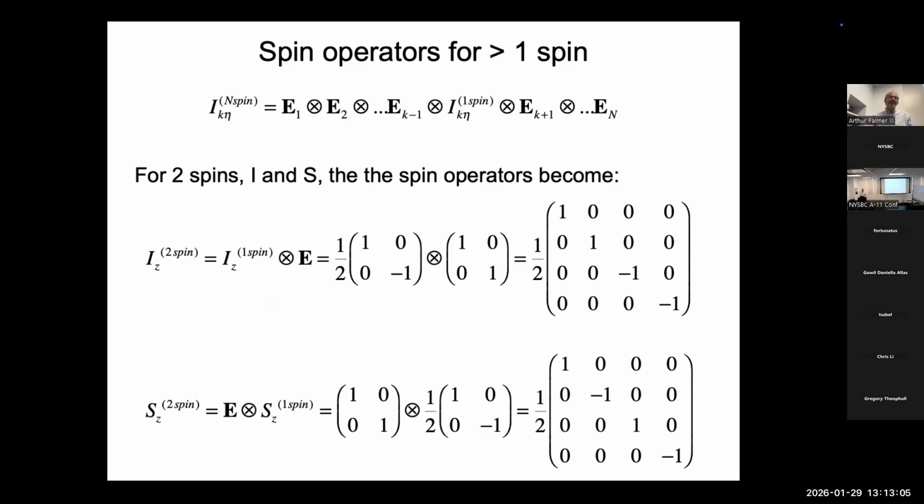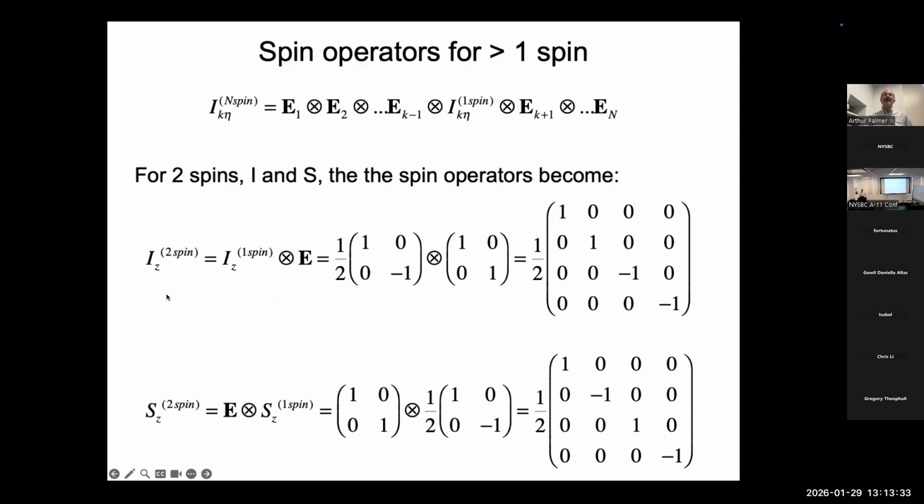It would be clearer if I wrote IZE to remind me that I really have the direct product with the identity operator for the other spin. Or if I had 3 spins, I, R, and S, and I wrote IZ, I really meant IZEE.